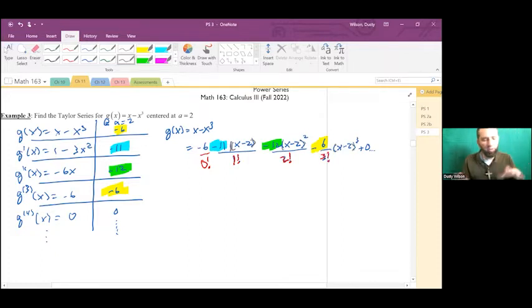X minus 2 to the 0, x minus 2 to the 1, x minus 2 to the 2, x minus 2 to the 3, plus 0, 0, 0, etc. So there we found a Taylor series for g of x equal to x minus x cubed, but this time centered at x equals 2 instead of centered at 0, like the original function that we're given.